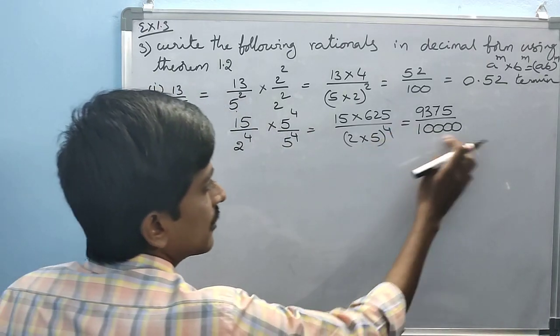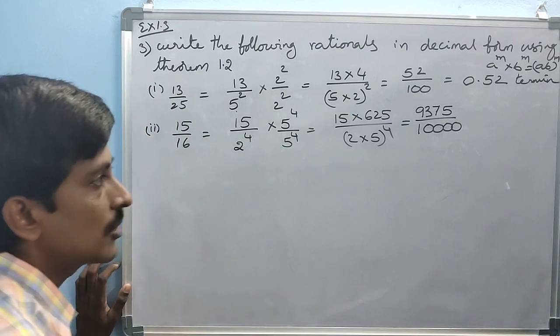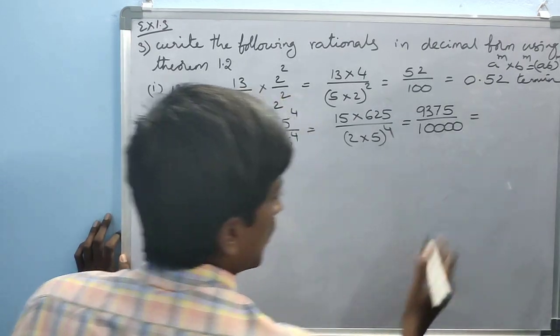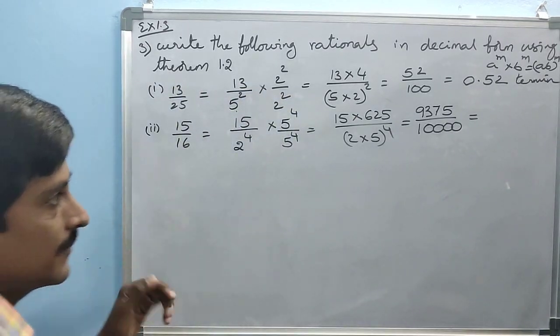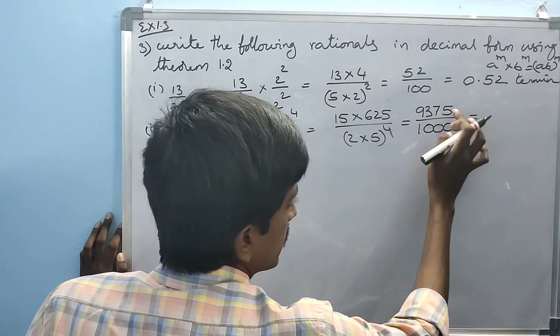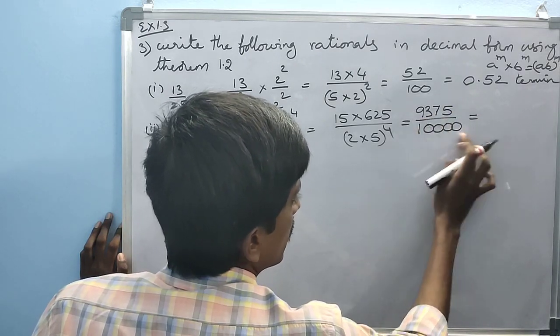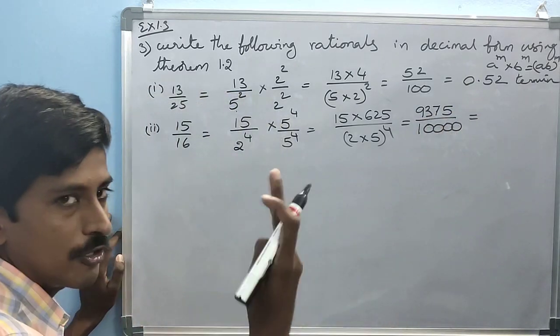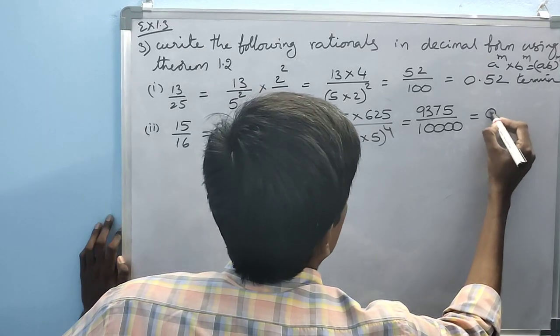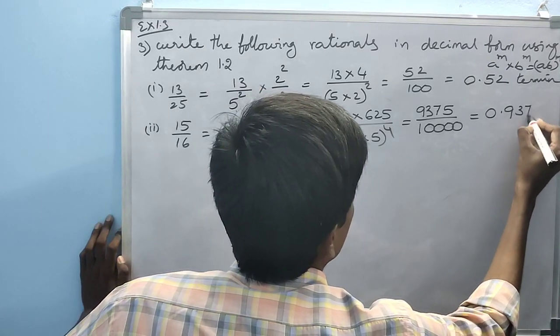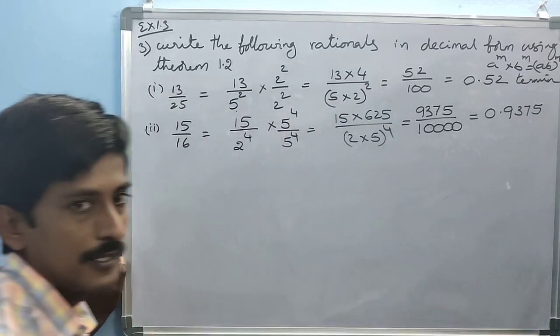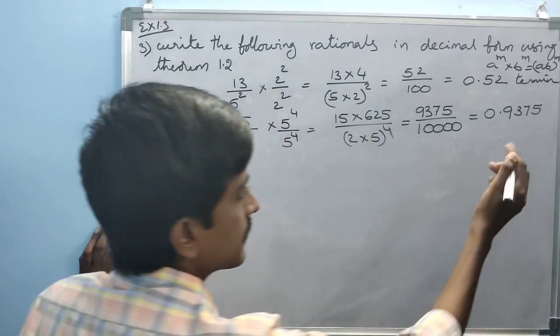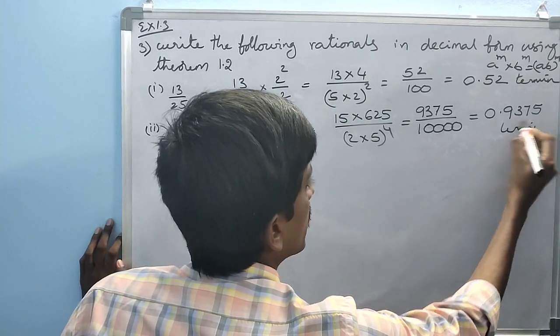Power is 4, so you write the 4 zeros. So the decimal point is taken before 4 digits: 1, 2, 3, 4, point. Because here the denominator has 4 zeros. So 0.9375. It is also ending with some decimals, so it is also a terminating decimal.